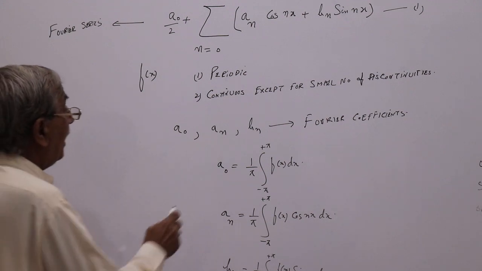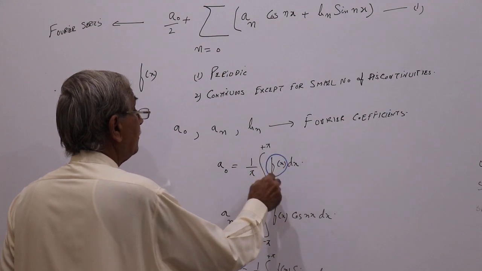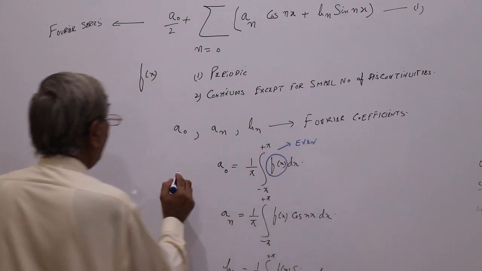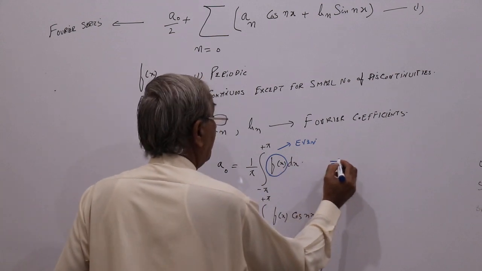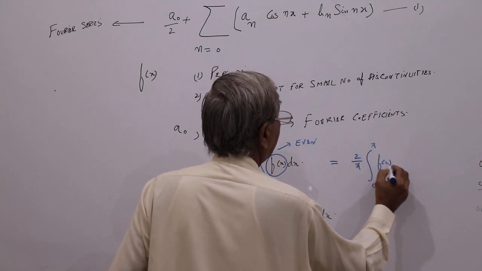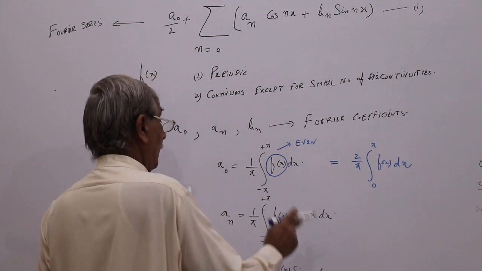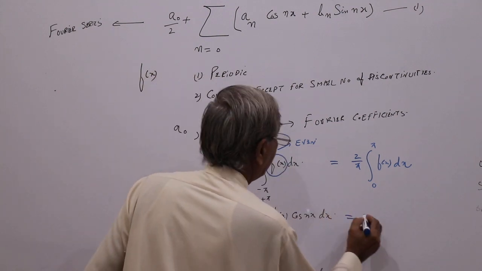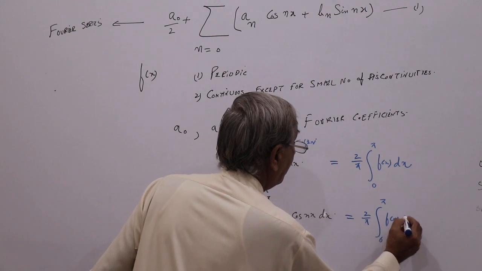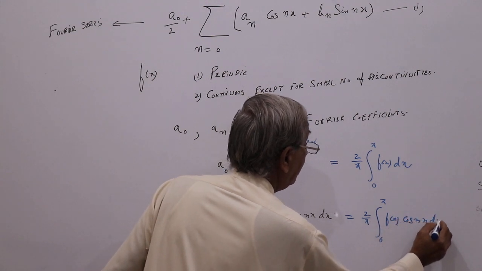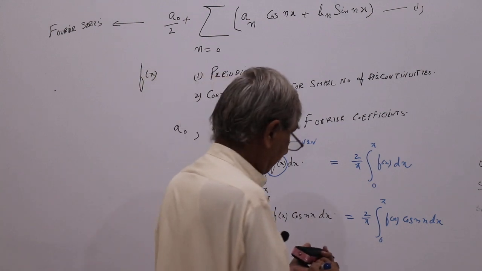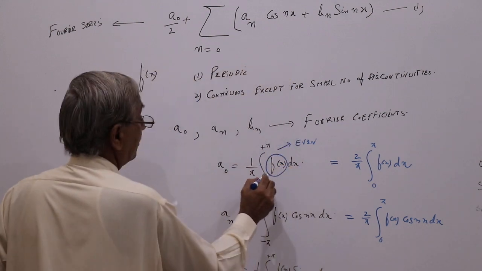Now look, if f(x) is even, then a naught is given by 2 over pi integral 0 to pi f(x) dx, an is 2 over pi integral 0 to pi f(x) cosine of nx dx, and bn is 0. This is when f(x) is even.